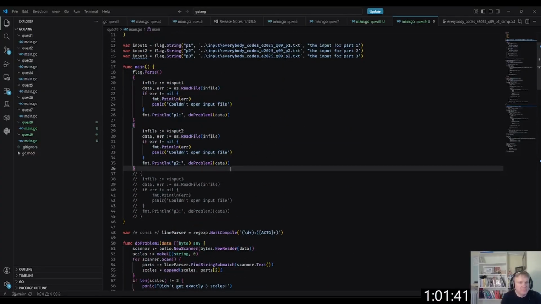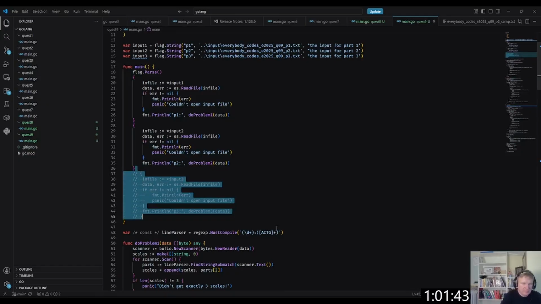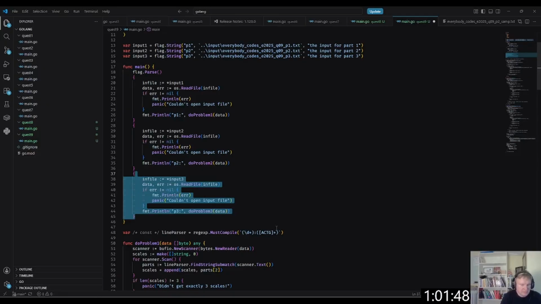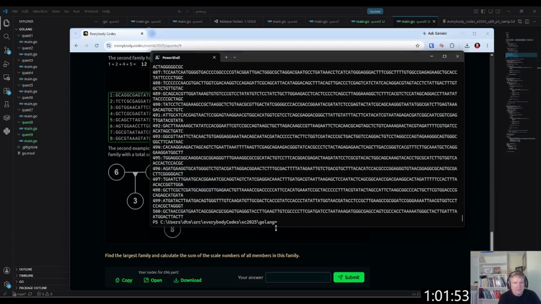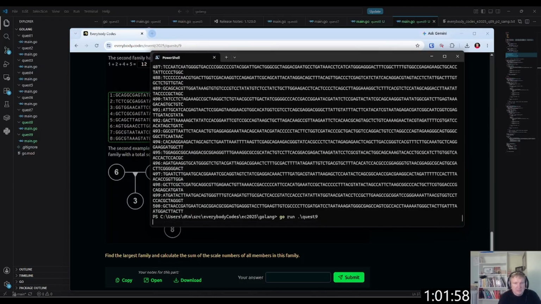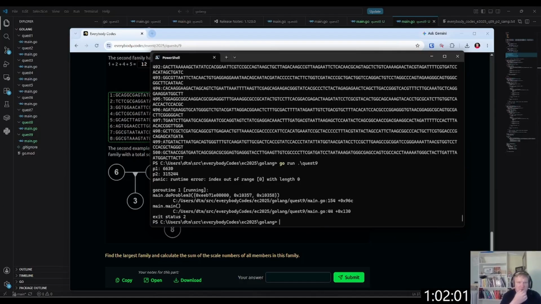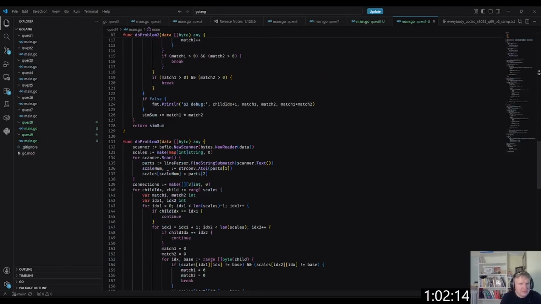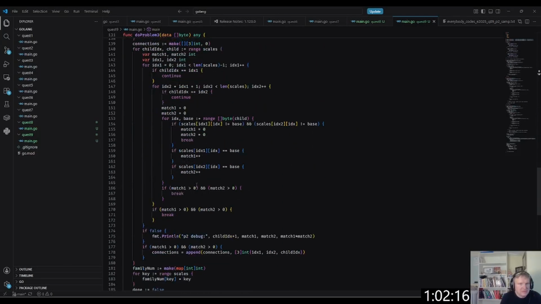Now, okay, here we go. Index out of range error, 0 with length 0. Okay, where did I go wrong? Oh.